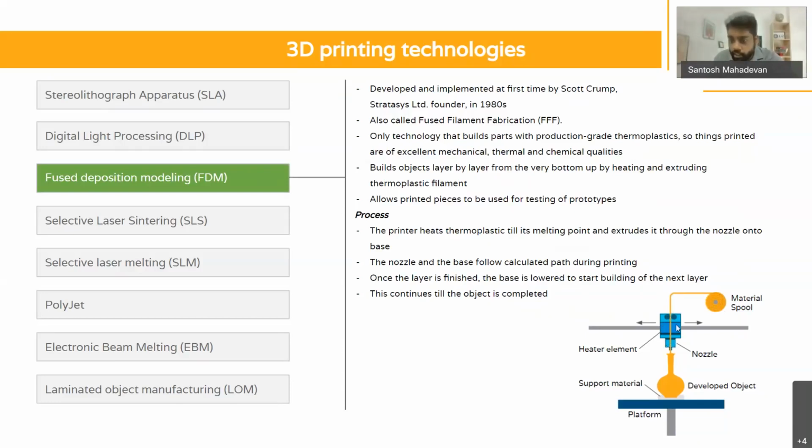The heater element consists of a throat. On the top of this throat, action number 1 happens, and at the bottom of this throat, action number 2 happens. Action number 1 consists of 2 rollers, as you can see here, which are actuated by a motor to push or pull this wire to or from the nozzle.